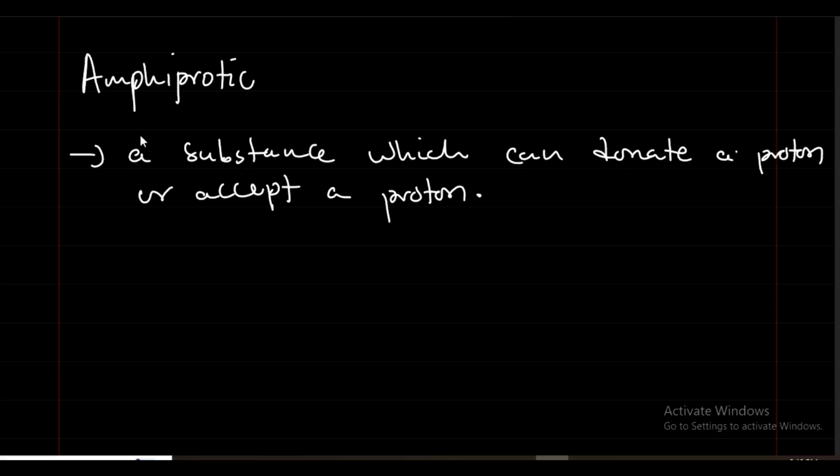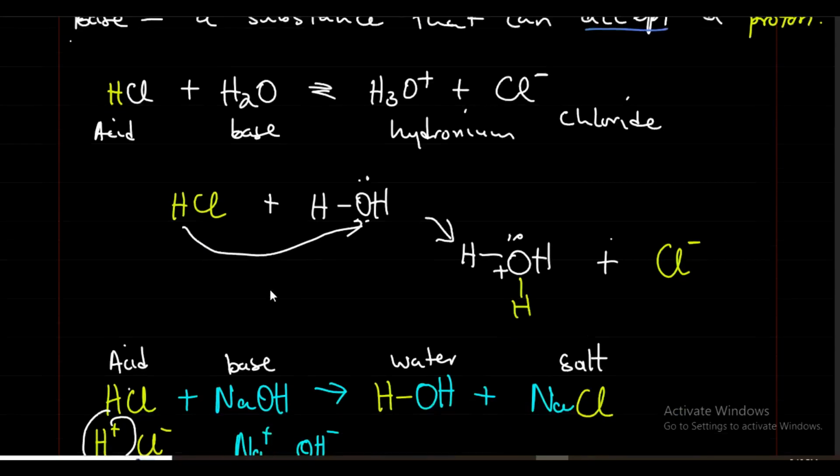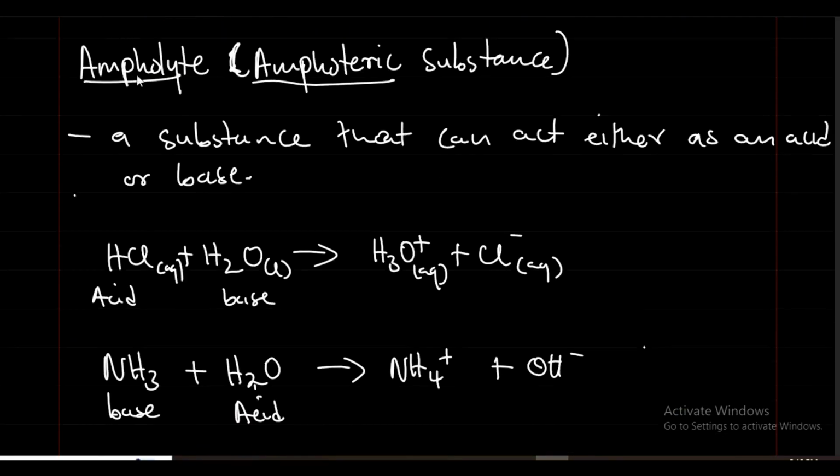But if you say an amphiprotic substance is a substance which can either act as a base or an acid, that answer will be wrong, because amphiprotic does not talk about all the acid and base definitions. So what I want you to know is that ampholyte is the same as amphoteric, so don't be confused.